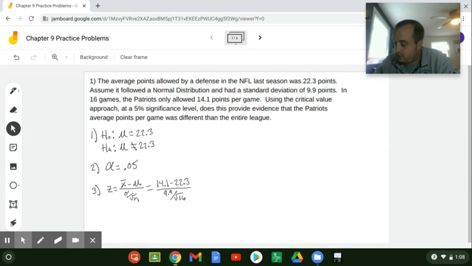And I get a z-score that's equal to negative 3.31. All right, so my z-score here is negative 3.31.